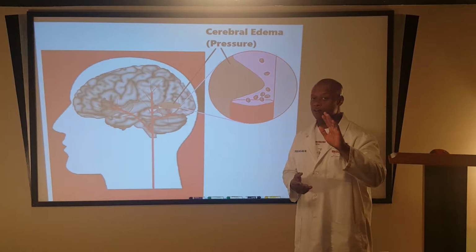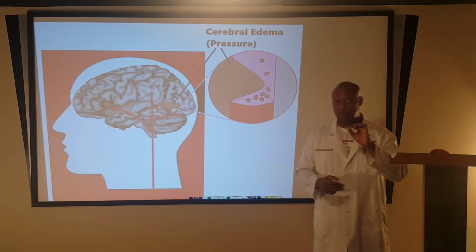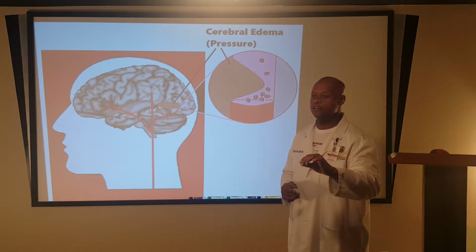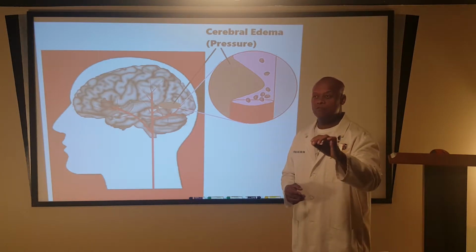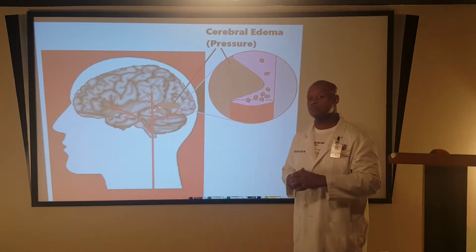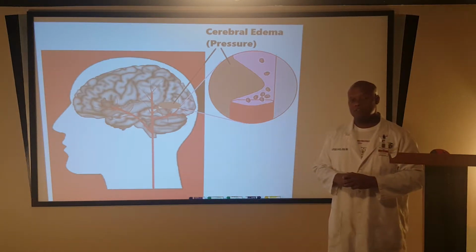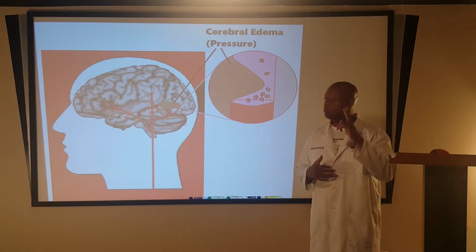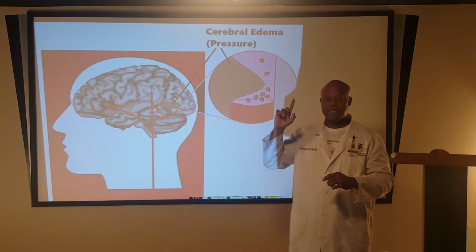That'll be 1. Number 2, the second medication, we want you to identify the medication that would help address the fluid causing the cerebral edema. So as you think about that, that first one, if we're going to shrink a tumor, what medication would it be?